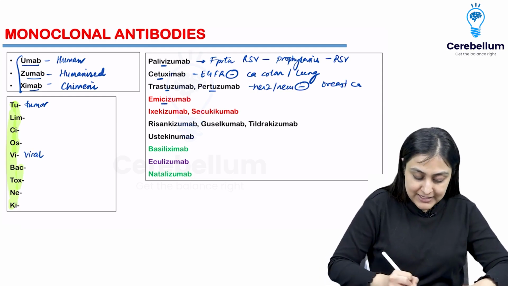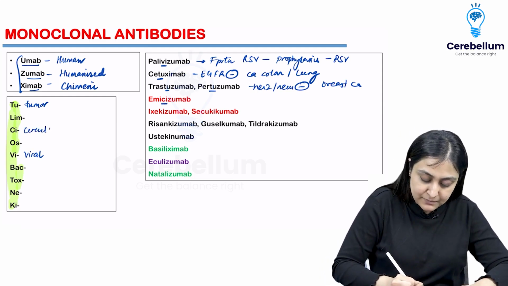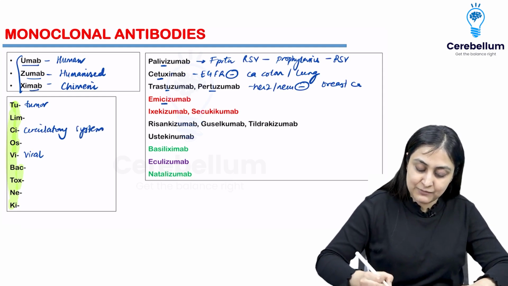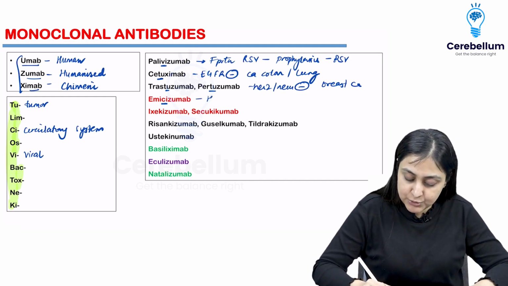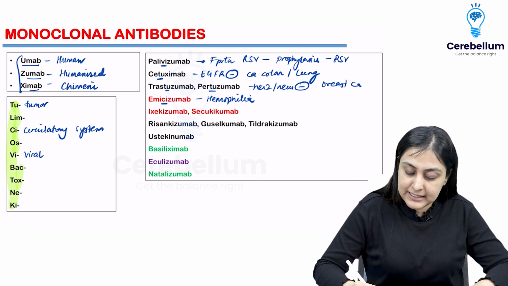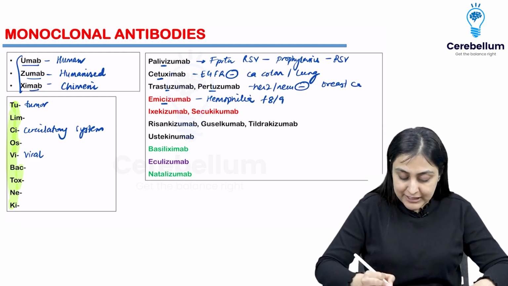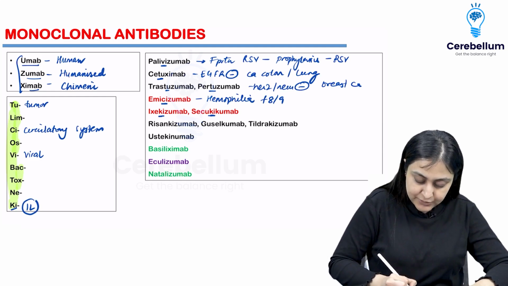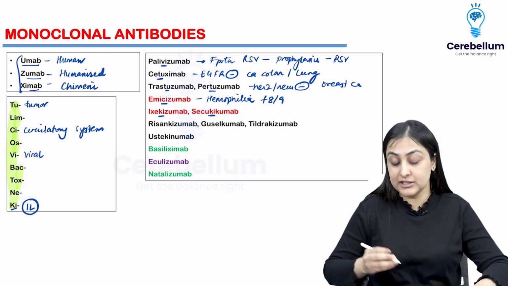This is CI. So when CI comes, this must be something to do with the circulatory system. So what is CI? What is emicizumab? This is a new drug which is developed against hemophilia. It increases the hemophilia factor 8 and 9 levels. When you see KI, whenever KI comes into play, something to do with interleukins. These are interleukin inhibitors.